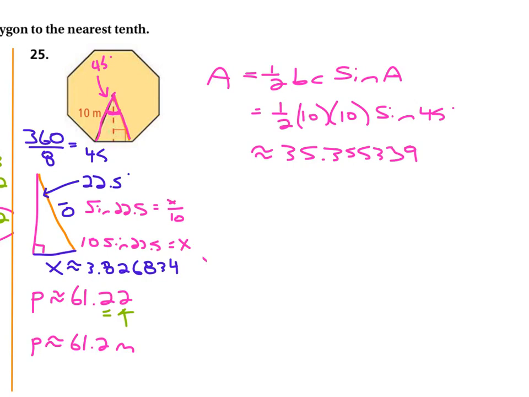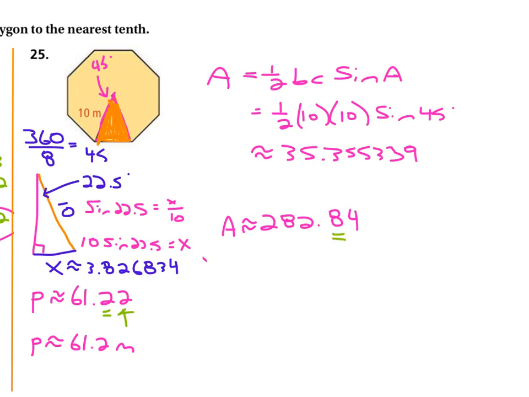Look over here on the original drawing, I'm going to shade it all in. That's one of these. We need 8 total, so I need to multiply that amount by 8. Because I didn't round off too early, I'm going to get the proper answer, which is the area of the entire figure: 282.84, approximately.